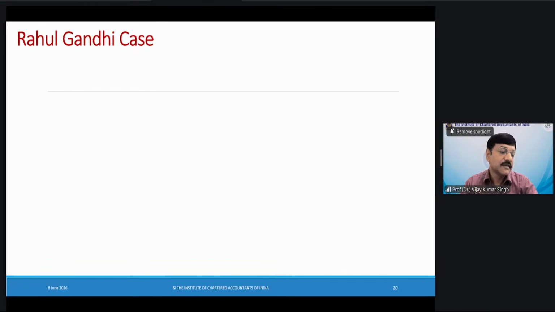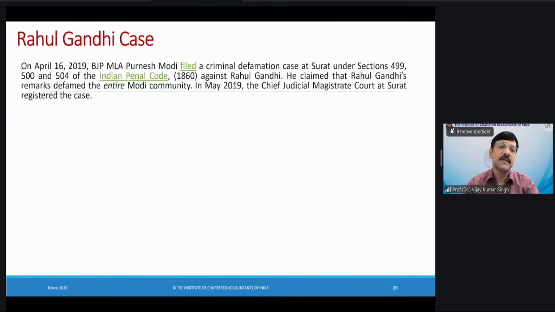Let us look at Rahul Gandhi's case. There was one case which came up, and there was very literal interpretation where the language is plain. You don't have to go into much detail of it. So you may be knowing that on April 16, 2019, one MLA Purnesh Modi filed a criminal defamation case in Surat under Sections 499, 500 and 504 of IPC against Mr. Rahul Gandhi.